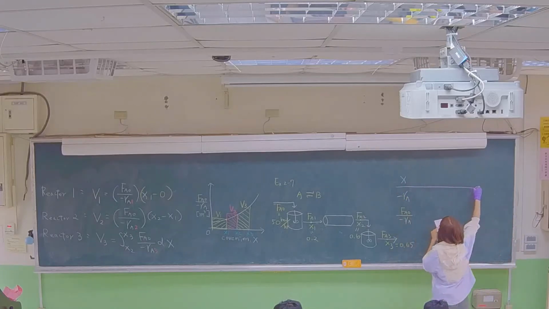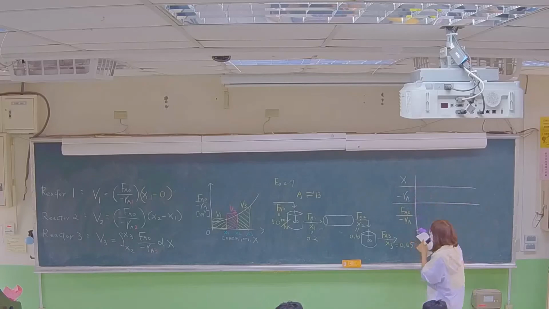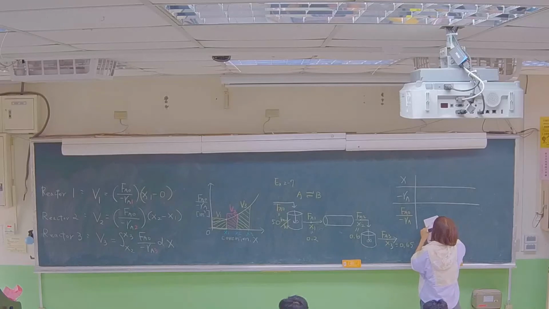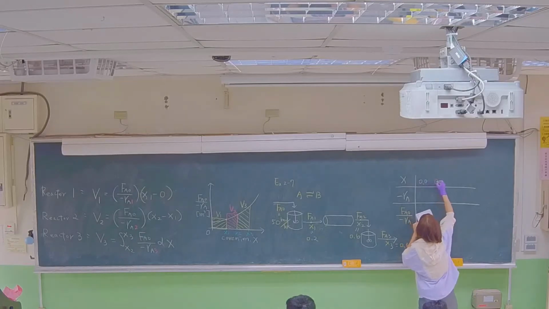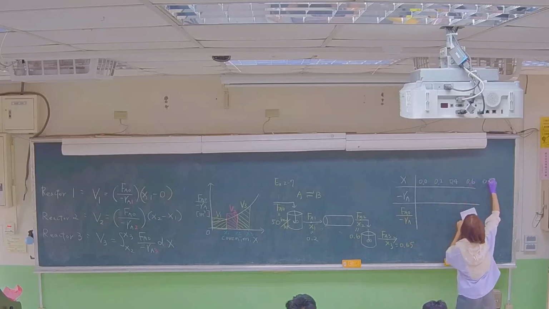So at the beginning, let's finish this new table. Originally, in the example, we have 1, 2, 3, 4, 5.